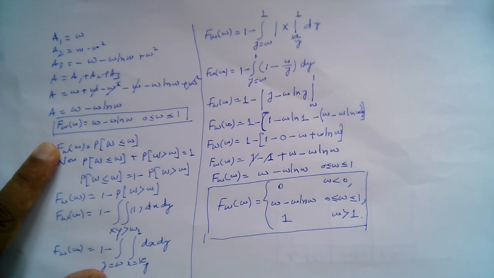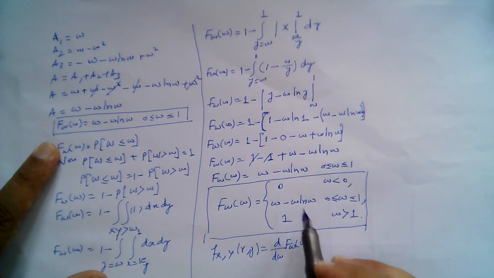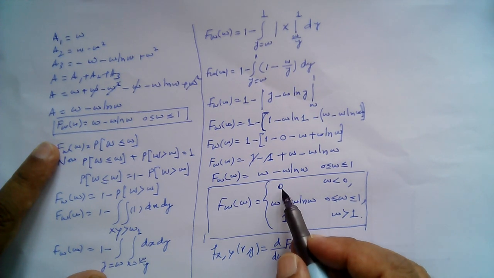Now we need to find the PDF from here. As I have already told you, the PDF is given by the first differential of the CDF. So if we differentiate this, this is already a constant, this comes out to be 0.